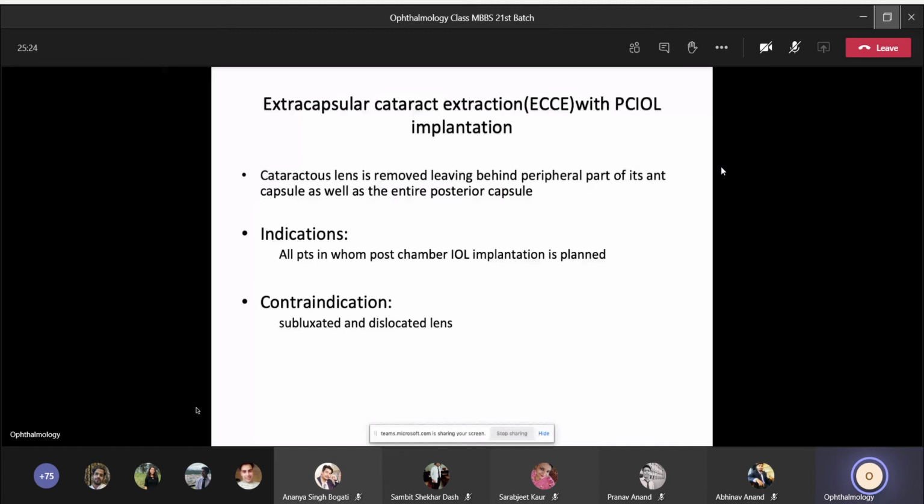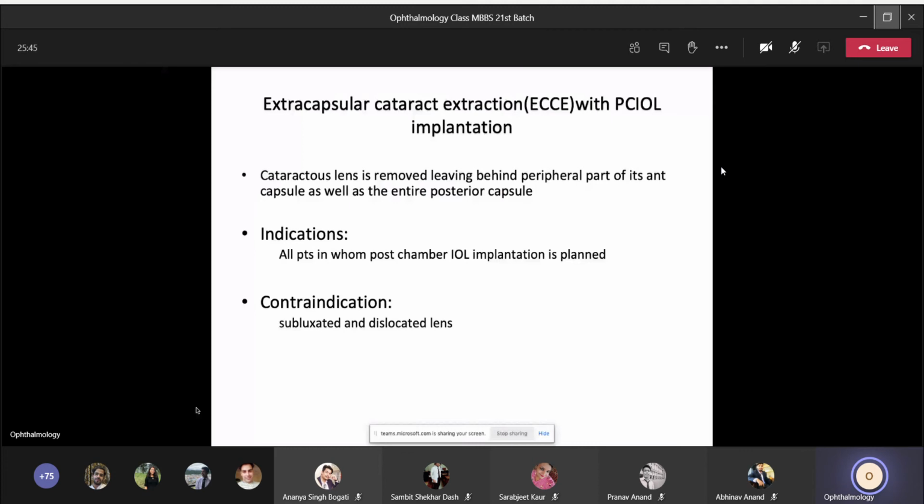The indication for this is that in all patients who go for intraocular surgery and who are planned for posterior chamber intraocular lens implantation, we use this technique. It is contraindicated in subluxated and dislocated lens, we said that.